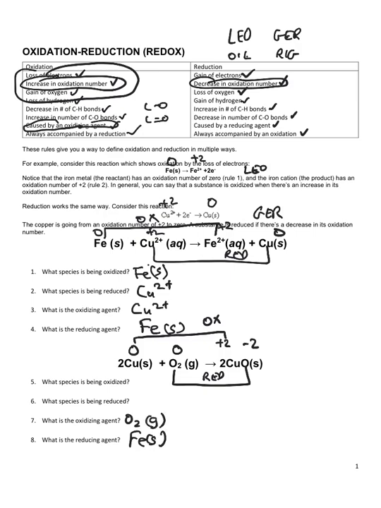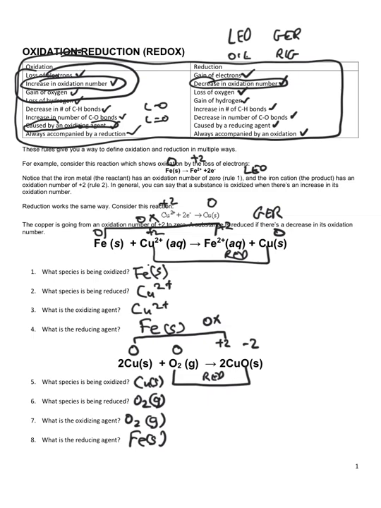So what's being oxidized is the copper solid, and what's being reduced is the O2 gas. Can be confusing. Try not to let it be confusing. Remember your rules. They'll let you figure out what's being oxidized and what's being reduced. And then the agent, oxidizing or reducing agent, is what's causing that oxidation or reduction to take place.